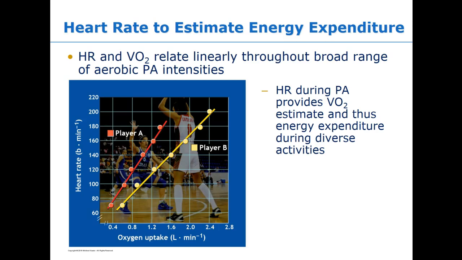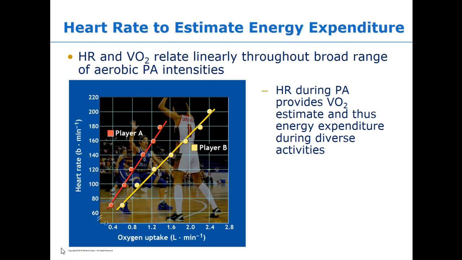So in regards to using heart rate to estimate energy expenditure, you can see on this particular graph here, oxygen uptake is associated with linear increases in heart rate as well. This particular graph shows the linear relationship between heart rate and oxygen uptake for two women collegiate basketball players who had different aerobic fitness levels.